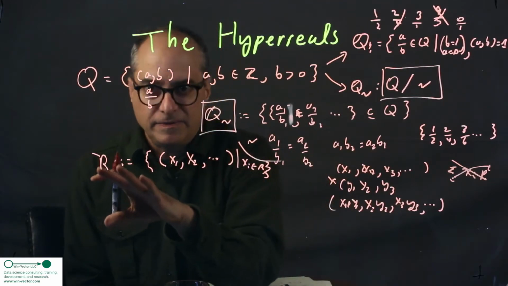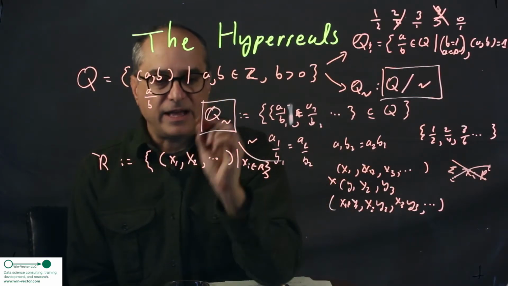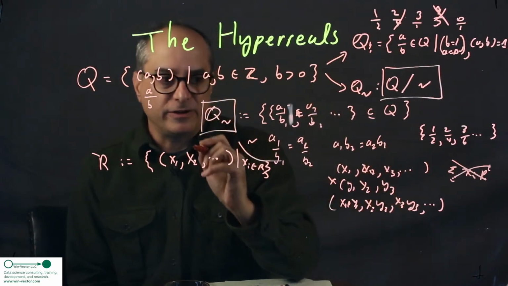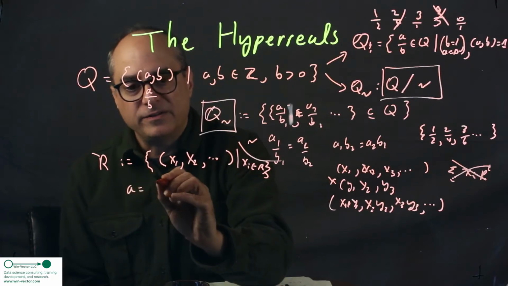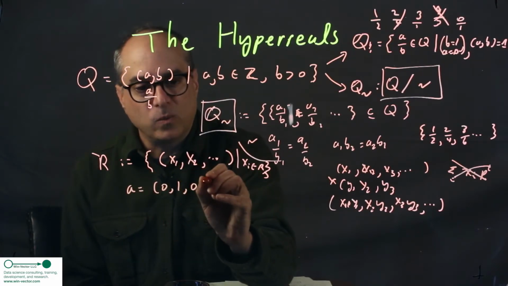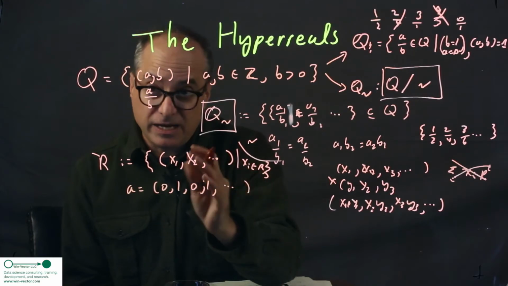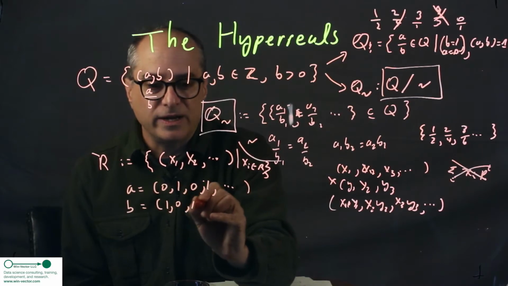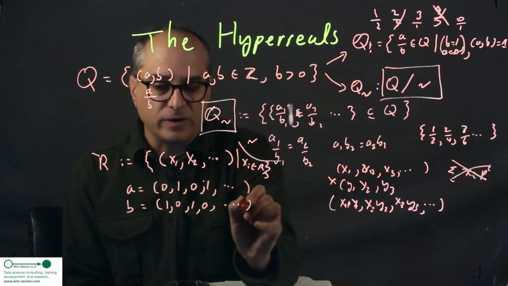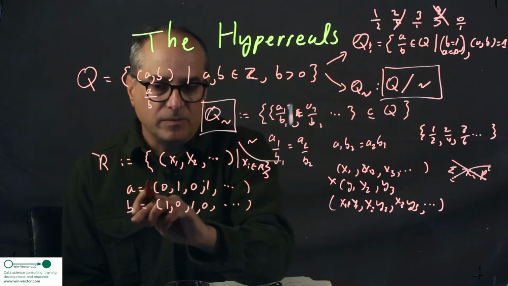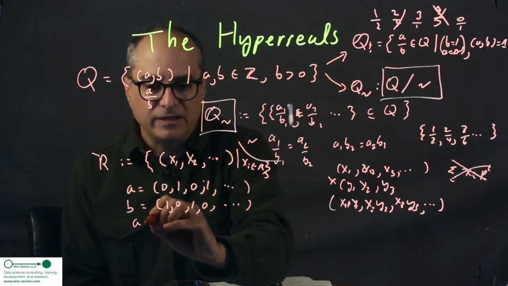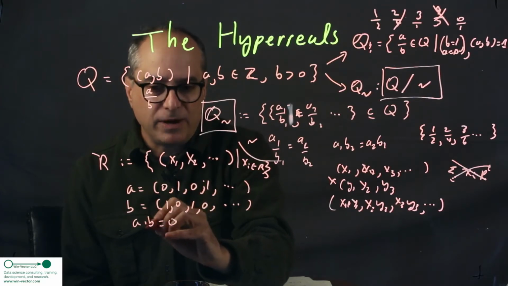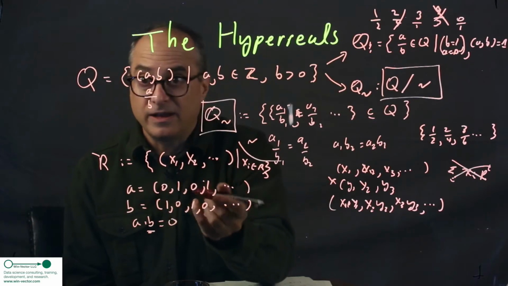This set is awful. It has the one thing we really don't want for our field of numbers. It's called a zero divisor. So if A is the number 0, 1, 0, 1, and this keeps repeating zeros and ones in that order, and B is the number 1, 0, 1, 0, and it keeps repeating 1, 0 in that order, well then we have A doesn't equal 0, B doesn't equal 0, yet A times B equals 0, which means it's very problematic how to divide by B since it can multiply into 0.